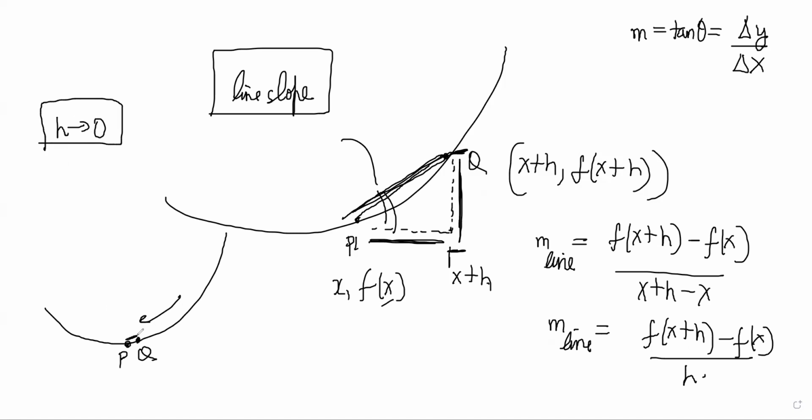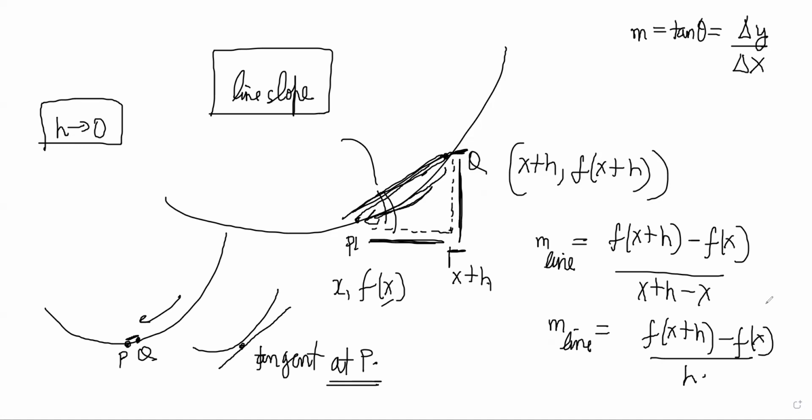So don't you think that the line joining them is going to start looking like more or less the tangent line? Tangent at P, right? Because Q itself is coming closer and closer to P. So the line joining them is no longer a secant line. It starts becoming closer and closer to the tangent line, right?